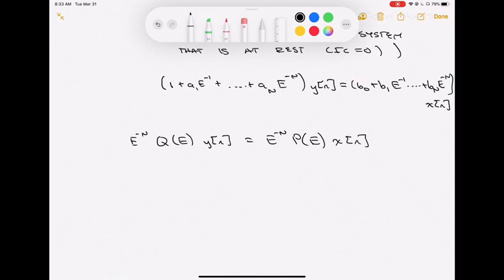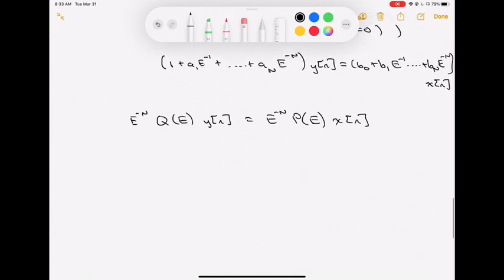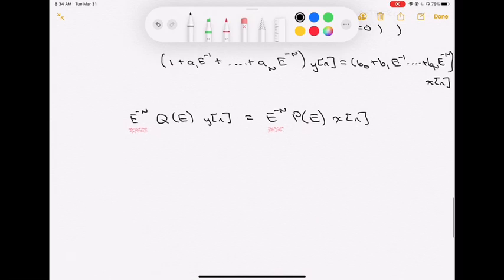So using some notation we'd seen before, Q of e is just the characteristic polynomial. P of e is like a characteristic polynomial, it's just the one that's operating on the input terms. And if I wanted to get it in delay form, I just delay the entire equation by n, which is really what this e to the minus n term being operated on both sides gives us. Okay, so I have this delay form equation.